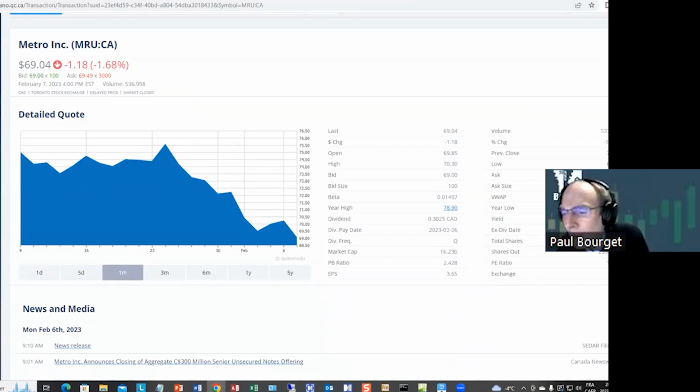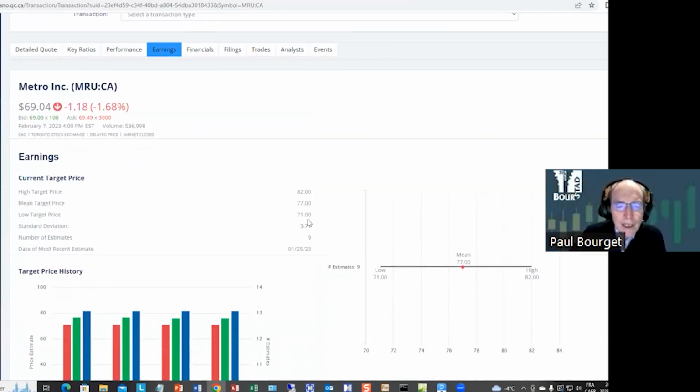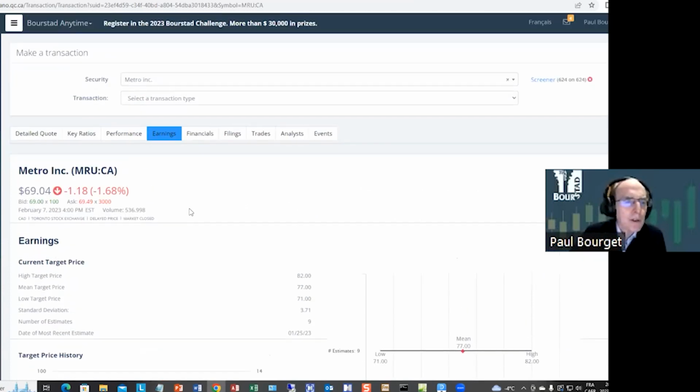The dividend is 1.6% annually. And if I look here at earnings, I see that there are 9 brokers with target prices for Metro. They have target prices between $71 and $82 for a mean target price of $77.